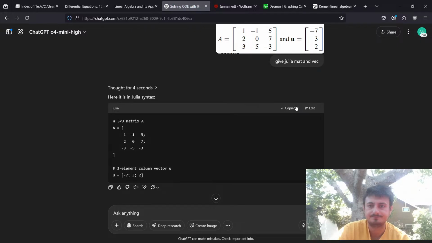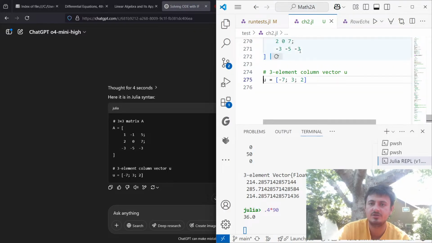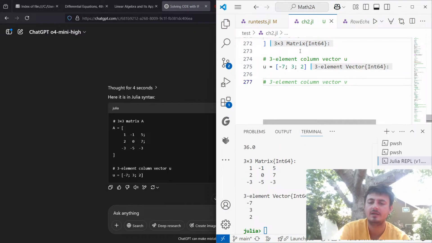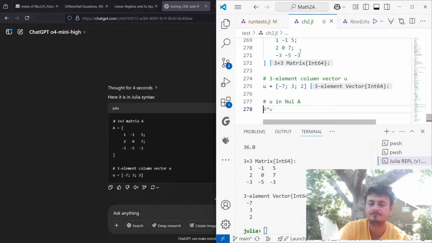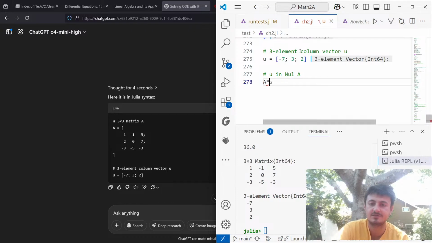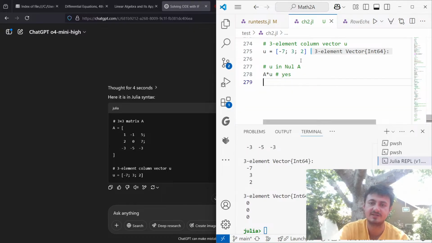Okay. So we have A and u. To check if u is in the null space of A, we just do A times u. And if it's equal to 0, then we're good. Okay, so yes, it's in the null space.